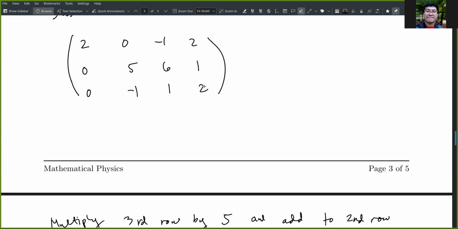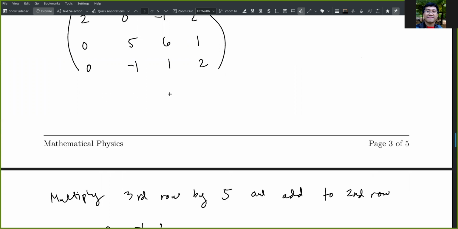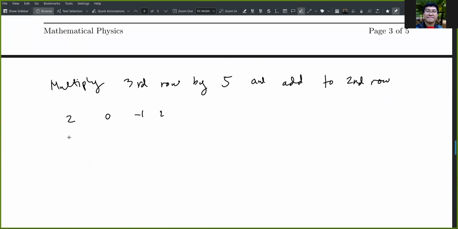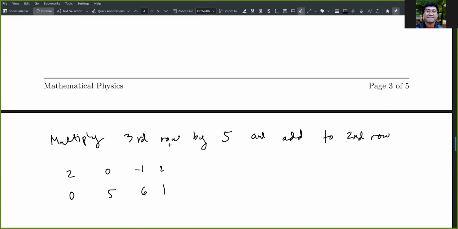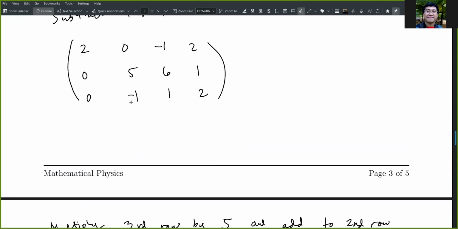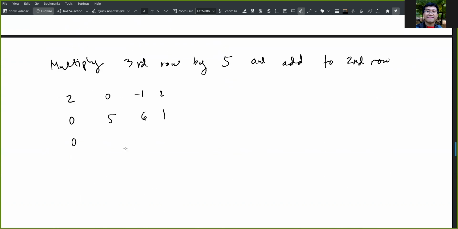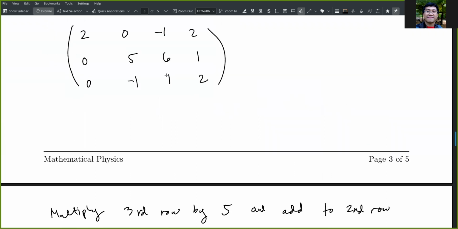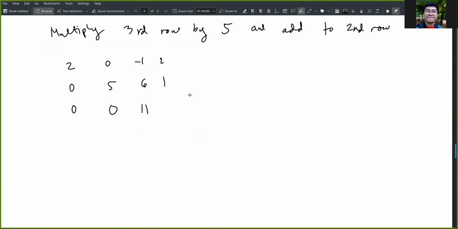Multiply this by 5. So we keep the first row 2, 0, minus 1, and 2. We keep the second row 0, 5, 6, 1. We replace the third row with whatever the result here is. So multiply third row by 5, add that to second row: 5 minus 5 plus 5, that's 0. Here, 5 plus 6, that's 11. 5 times 2 is 10 plus 1, that's also 11.